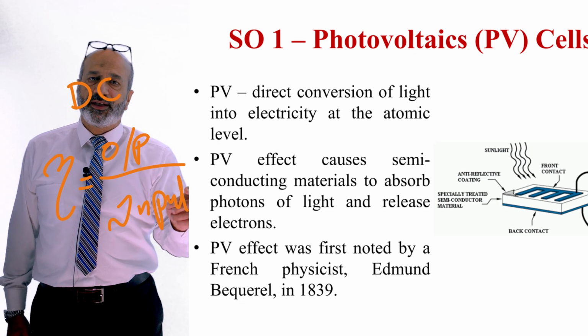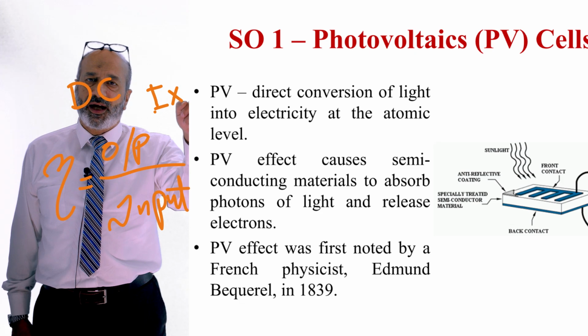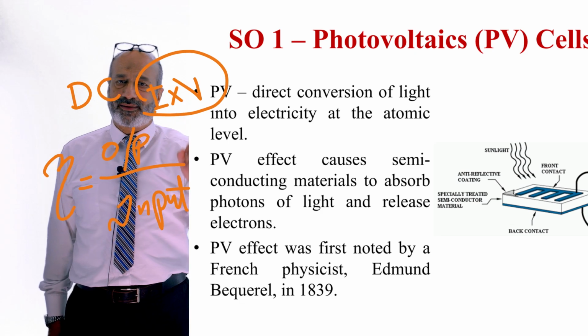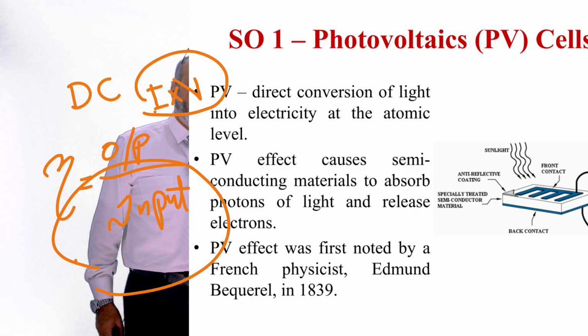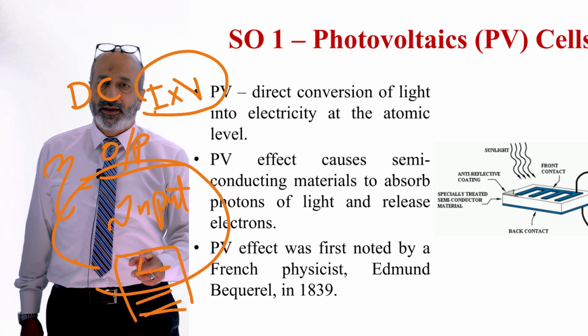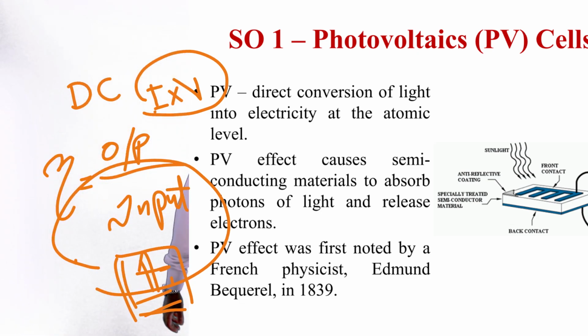And your output is the voltage times current, V times I, which is watt. And your input is the irradiance, the sunlight, multiplied by the area of your panel. In this way, you can calculate the efficiency of the panel.